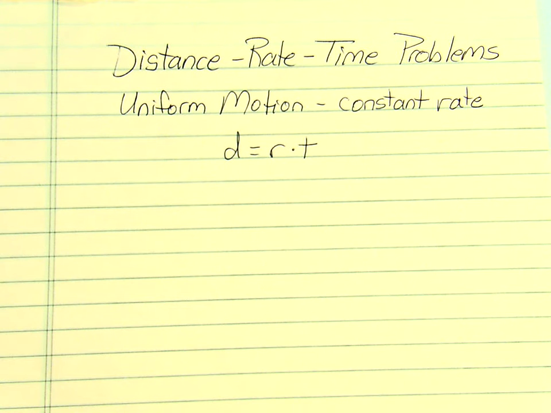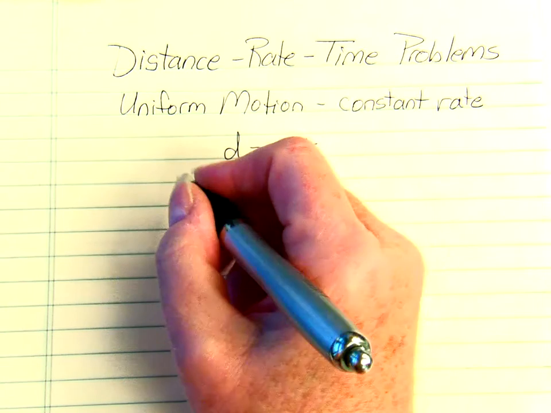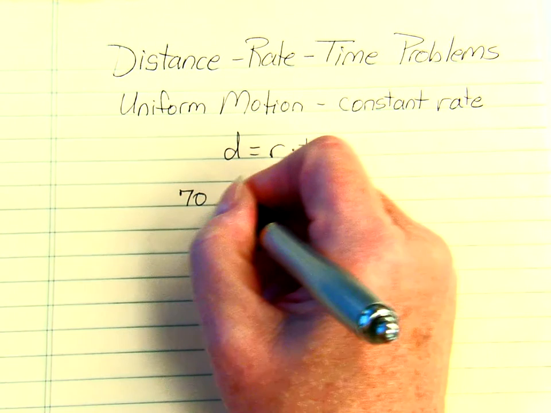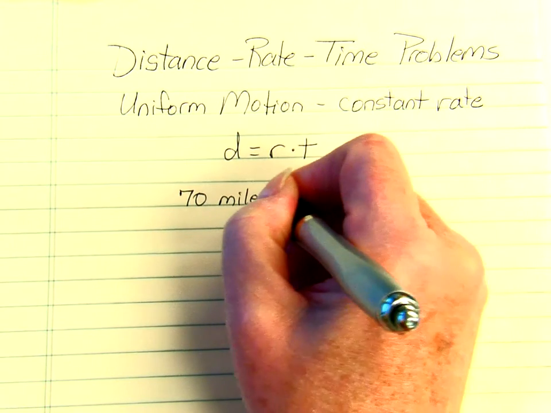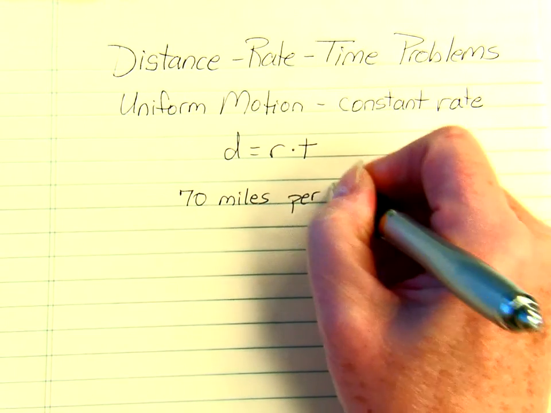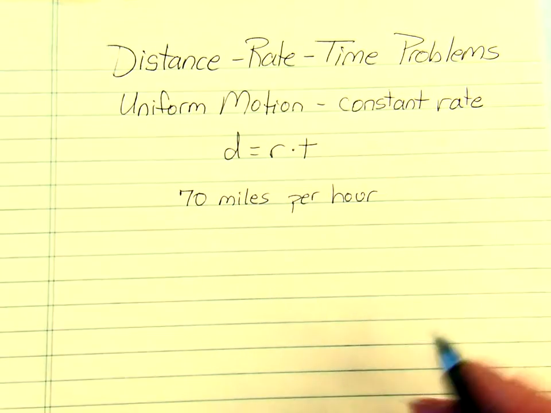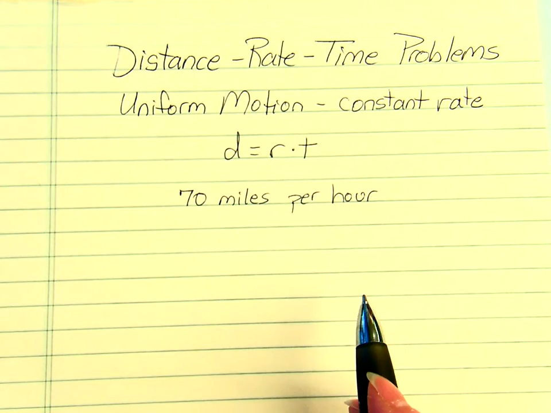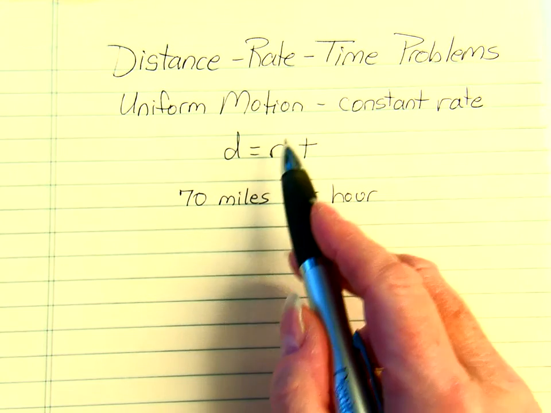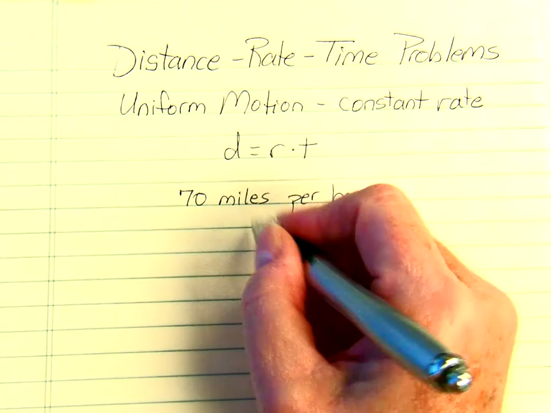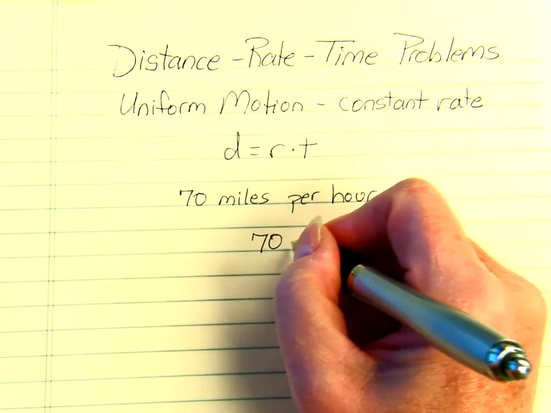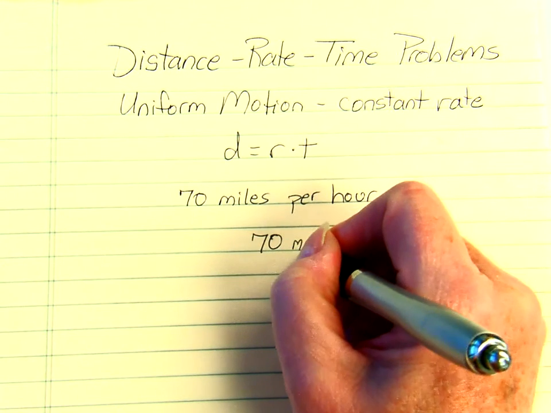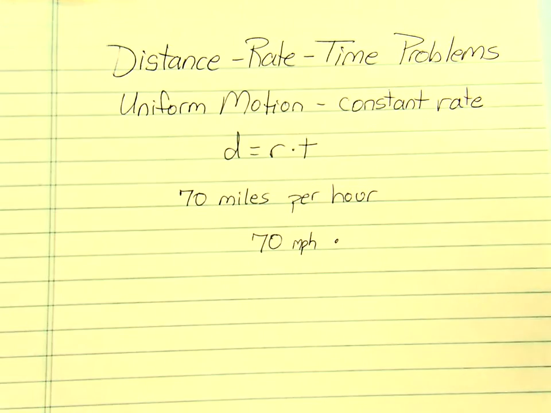The easiest thing to remember about that is, let's just talk about a typical trip. You're on the highway driving with your family and your car is traveling 70 miles per hour, which means that every hour you are driving 70 miles. So your rate, 70 miles per hour, times your time.